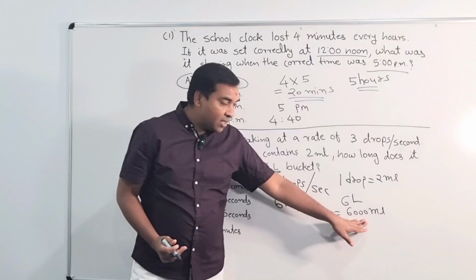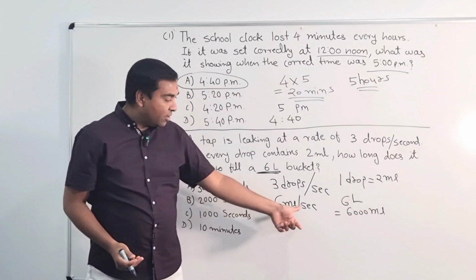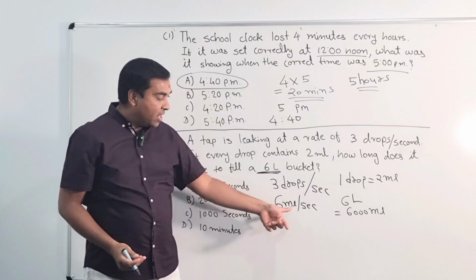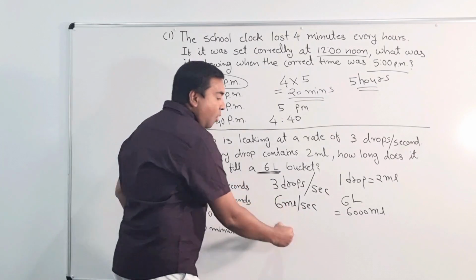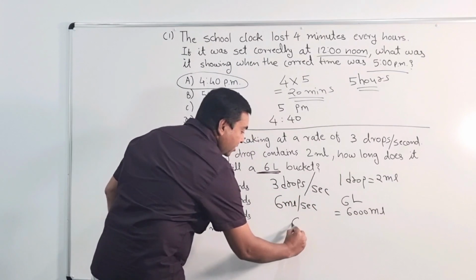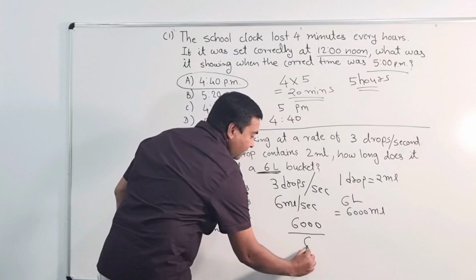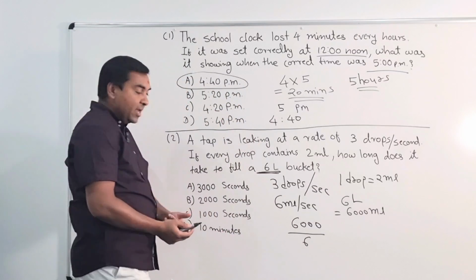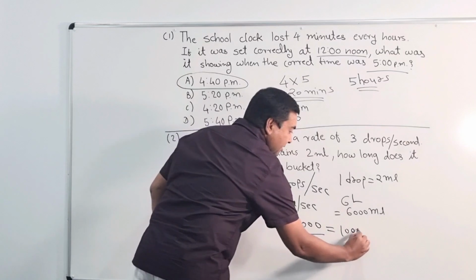Now it will be very easy to work out. I want to fill a bucket with 6,000 milliliter capacity, with 6 milliliter every second. So let us say 10 seconds, then 6 times 10, 60. I want to take it all the way up to 6,000, so I can just divide 6,000 by 6 to find out the time. That is going to be 1,000 seconds.